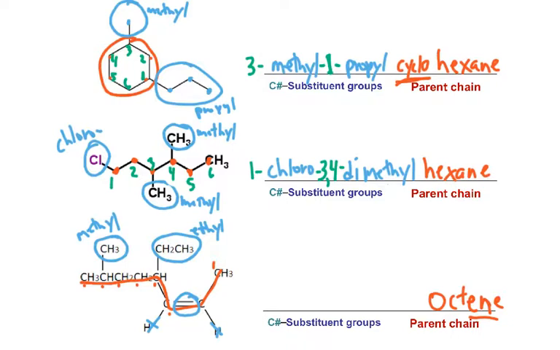If we start numbering it on the left side, 1, 2, we hit a substituent, that methyl group, at carbon 2. If we start labeling it on the other side, 1, 2, we hit the double bond at carbon 2.